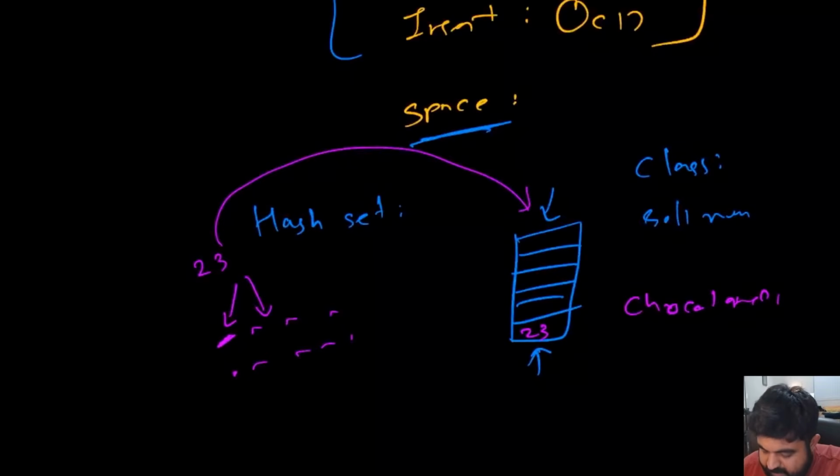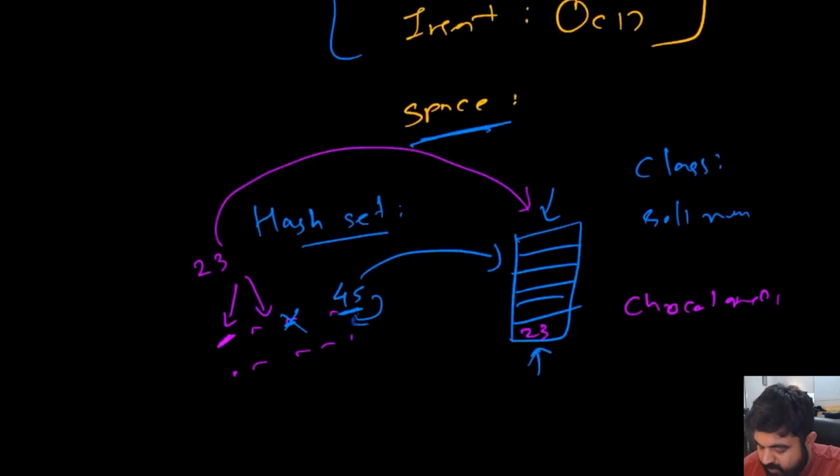So in that case, no two children would ever get a chocolate multiple times, because every single time I would check before giving a chocolate. Let's say this student is roll number 45. I will ask, did 45 already receive a chocolate? The information is not present in the hash set, which means that 45 did not receive a chocolate.